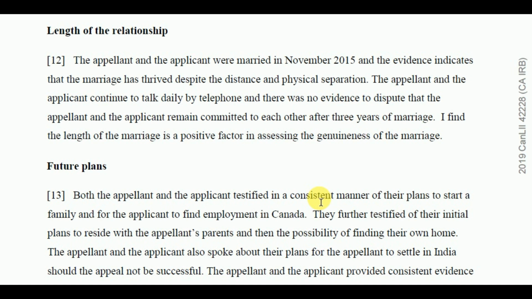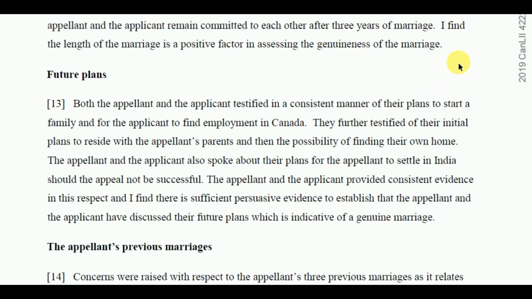They discussed the future plans. If not in Canada, they'll settle in India. So this pretty much makes sense. The appellant and applicant provided consistent evidence, and I find there is sufficient persuasive evidence to establish that they have discussed their future plans, which is indicative of a genuine marriage.